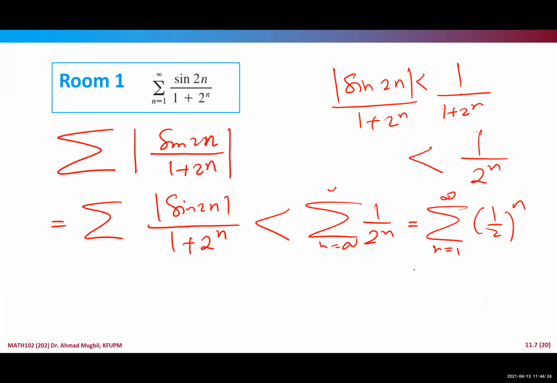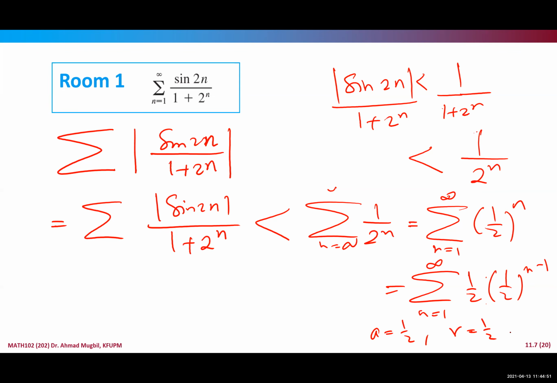So you can write it as the sum from n equals 1 to infinity of 1 over 2 times 1 over 2 to the power n minus 1. So the first term a is a half and r is a half. So are you still saying that it is divergent? Oh no, it's convergent. So be careful, please, Badr.